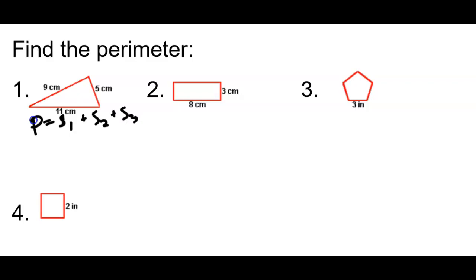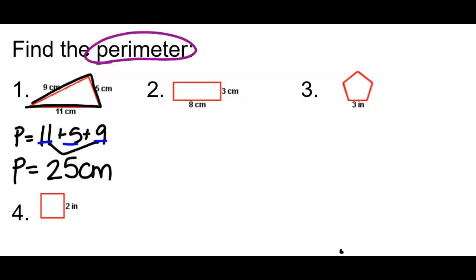Okay, so what are my sides? 9, 11, and 5. So I would put my 9, 11, and 5. It doesn't matter what order you put it in. Okay, 11, 5, 9, just go in a circle. And then I'm going to add those together to get 25. Remember, my units has no square on it. It's simply a unit.